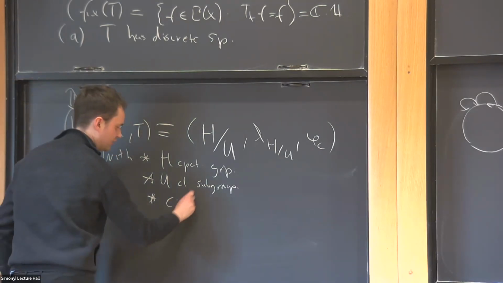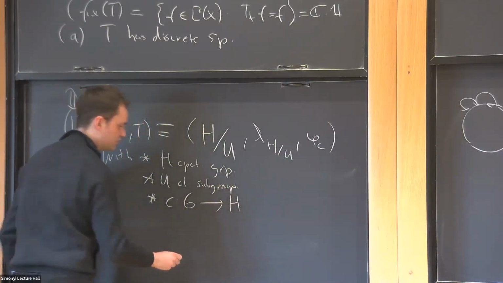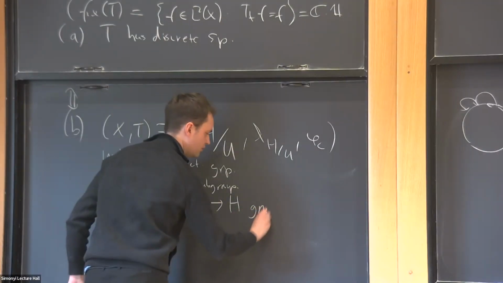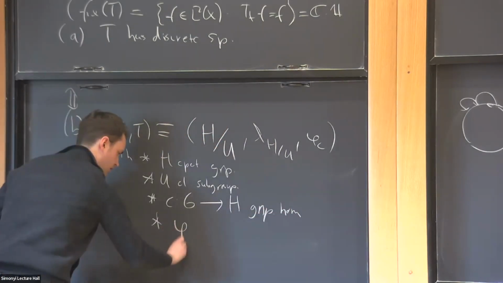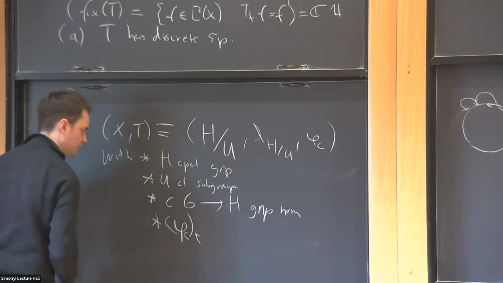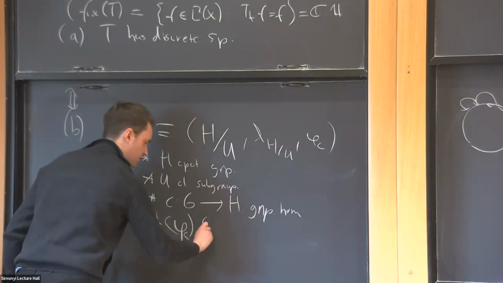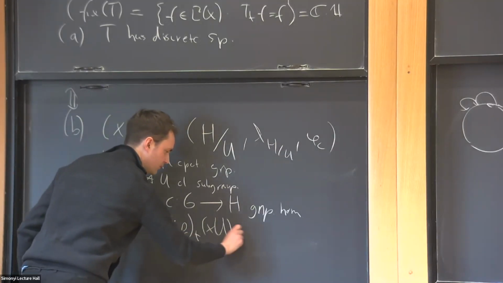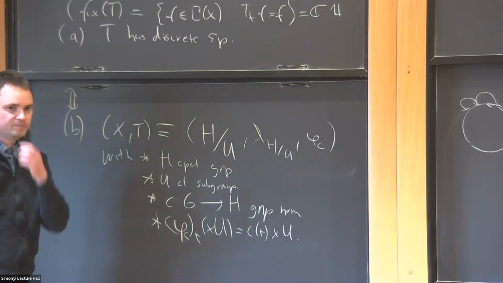So C is now not just an element of the group, but rather a group homomorphism from G to H, which then induces your rotation. So at time T, or at an element T of the group G, this action is given by just multiplying from the left with your group homomorphism.